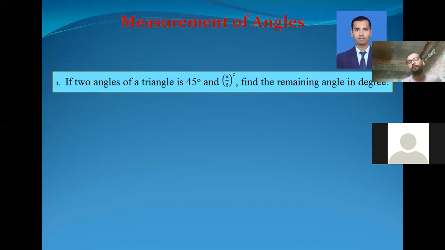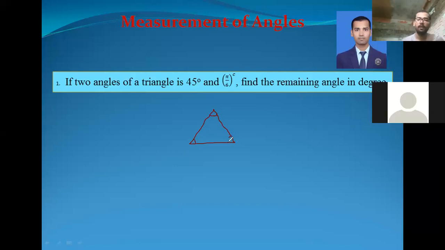As we know about the triangle, if we talk about a triangle, we know that a triangle has three corners, that means three angles: 1, 2, and 3.